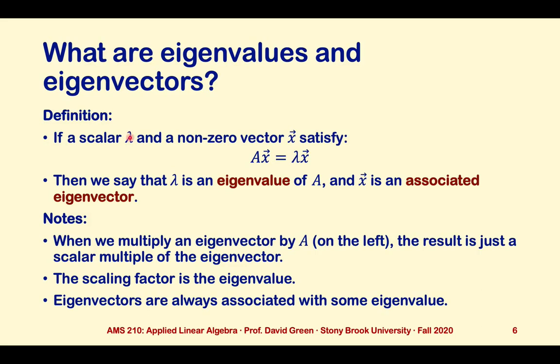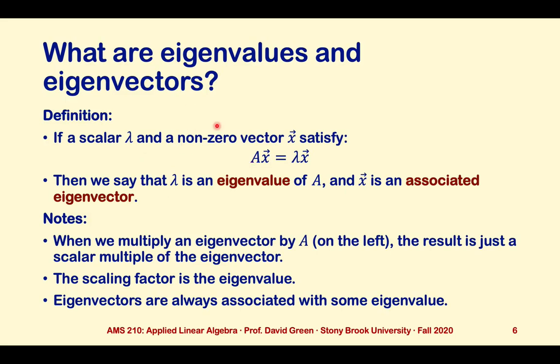If we can find a scalar lambda and a non-zero vector x that satisfy this equation, that is, Ax equals lambda x, the effect of multiplying x by the matrix A is simply to scale that vector. If we can find such a pair, then we say that lambda is an eigenvalue of A, and we say that x is an eigenvector associated with that eigenvalue.